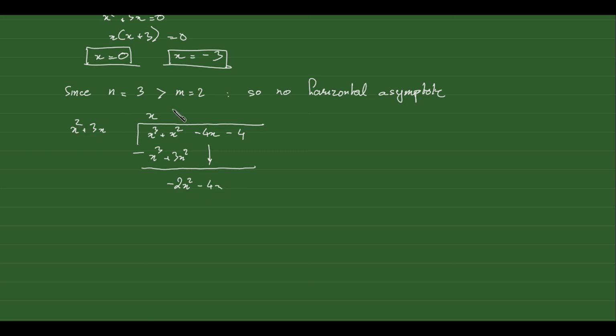Minus 2x squared divided by x squared gives you minus 2. Distributing gives negative 2x squared minus 6x. Subtraction gives you 2x. Drop negative 4 down, and you see the degree over here is smaller. So the slanted asymptote will be y equals x minus 2, since it's in the form y equals mx plus b.